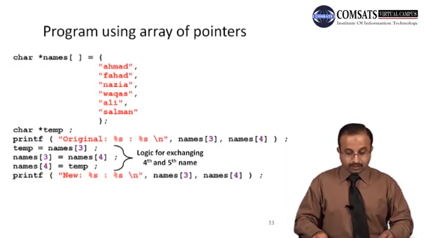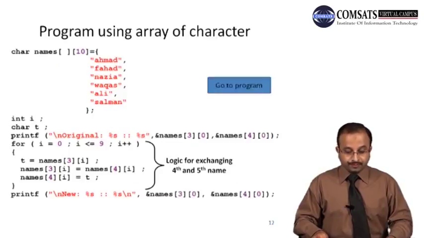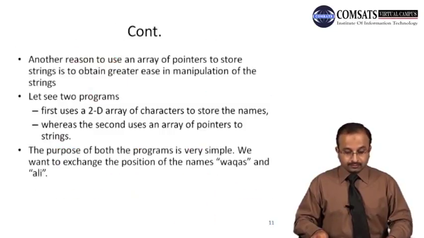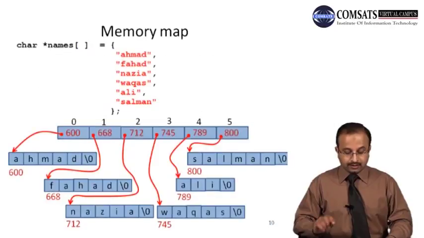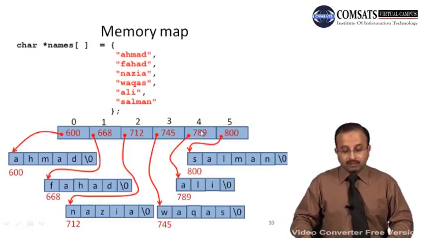Before going into the program, let's go to the slide where I showed you the array of pointers. That is this slide. Okay, we want to exchange the names Waqas and Ali in the list. So what we did is we swapped these addresses. We write this address 745 in a temporary place first, and then we write 789 at this memory location, and then at this memory location we write the memory address from the temporary variable.